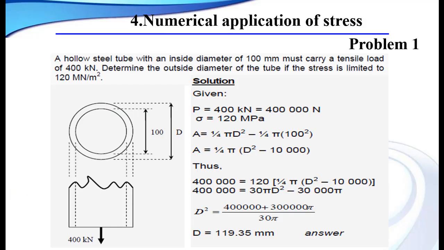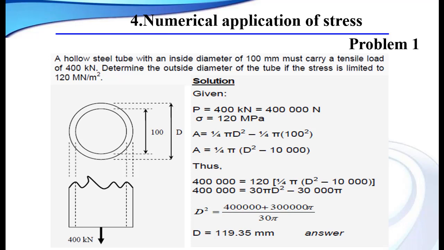So numerically we can apply the formula of stress. It reads: a hollow steel tube with an inside diameter of 100 millimeters must carry a tensile load of 400 kilonewtons. Determine the outside diameter of the tube if the stress is limited to 120 meganewton per square meter.